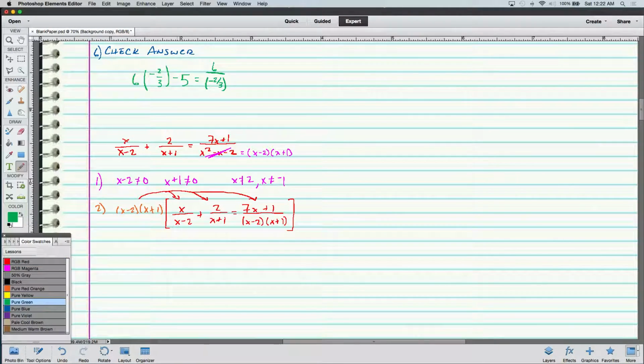So here in the first term, the x minus 2's are going to cancel. So on top, we're left with x times x plus 1. In the next one, the x plus 1's cancel, and we're left with 2 times x minus 2. And over here on the right side, both of these are going to cancel, so we're left with 7x plus 1.